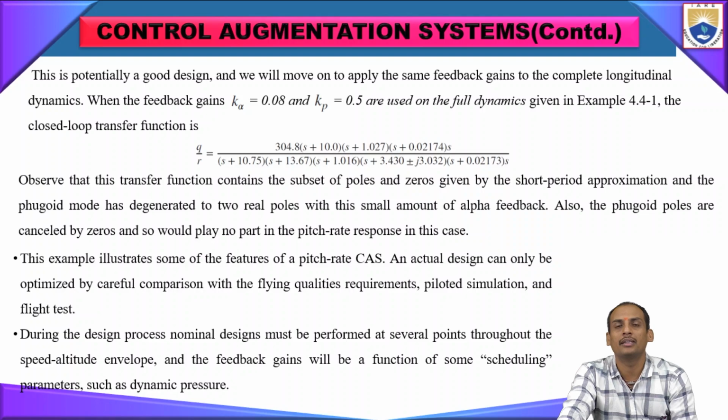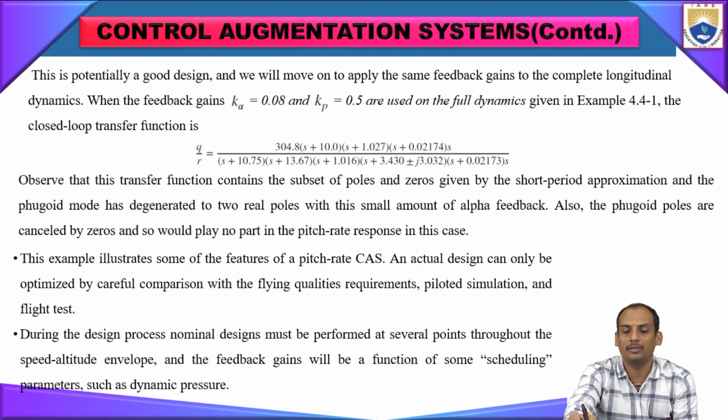Moving up with the same feedback gains to complete the longitudinal dynamics, the feedback gains K alpha of 0.08 and Kp of 0.5 will be used for the full dynamics, as shown in the example here. The transfer function q by r has been given here.